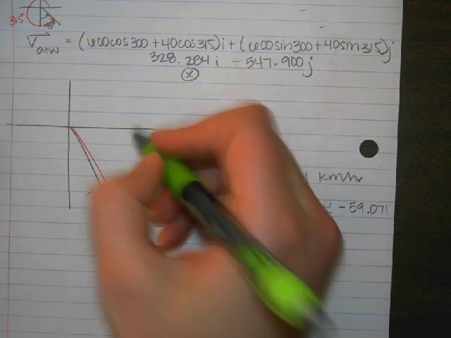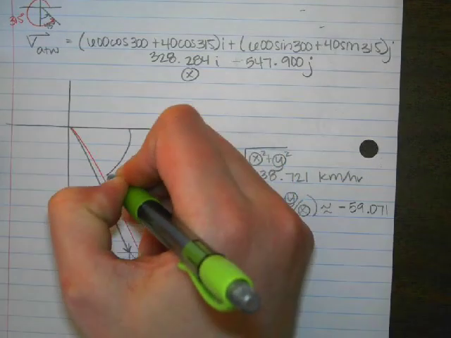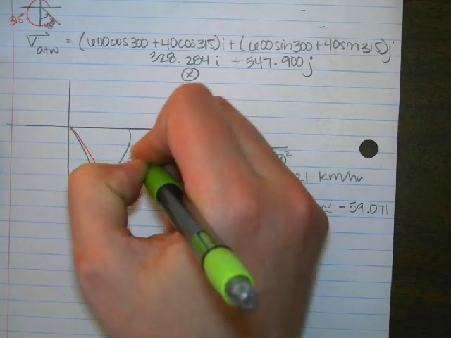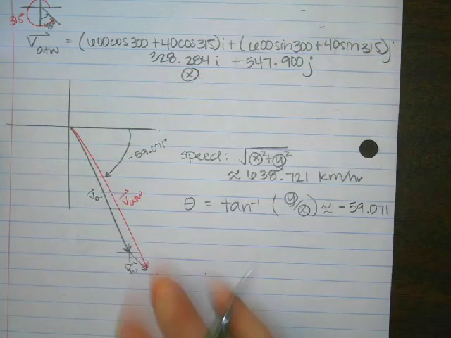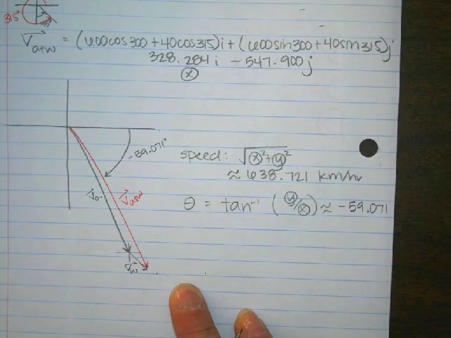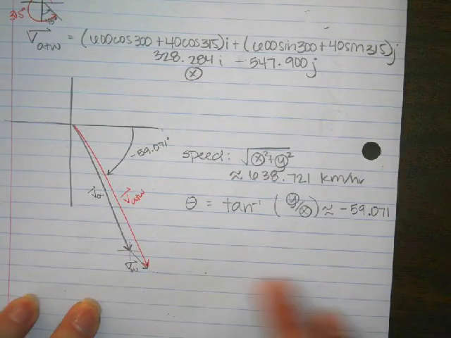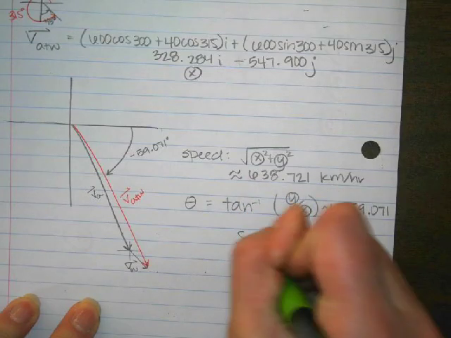So that means that this angle right here was a negative 59.071 degree angle. Makes sense. Now, the problem, we always make it so our angles match the notation of the problem. And so this problem said southeast and southeast. So our answer should be southeast. So it's something south, something east.